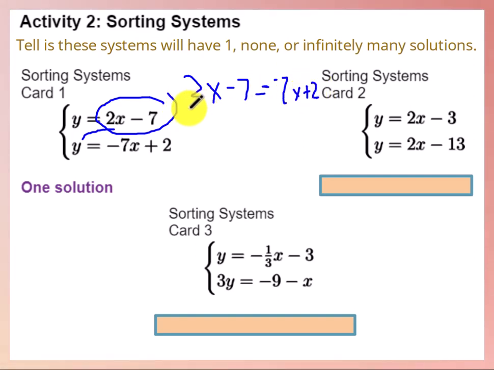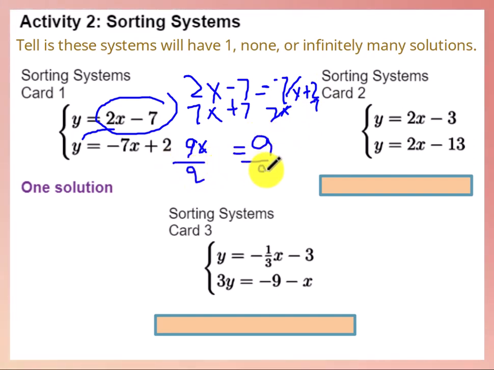Add 7x to both sides. It's going to cancel out on the right. On the left we have 9x. We still have the minus 7, so I'm going to add 7 to both sides. 7 plus 2 is 9. And then divide both sides by 9, and you get x is equal to 1. You can plug that in to either equation and find your y, but we're going to have one solution there.